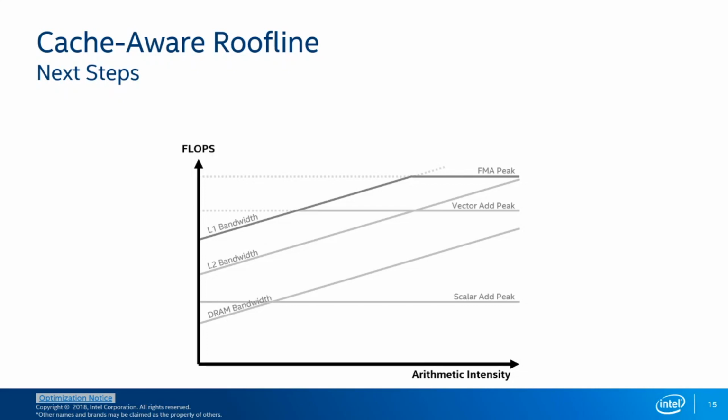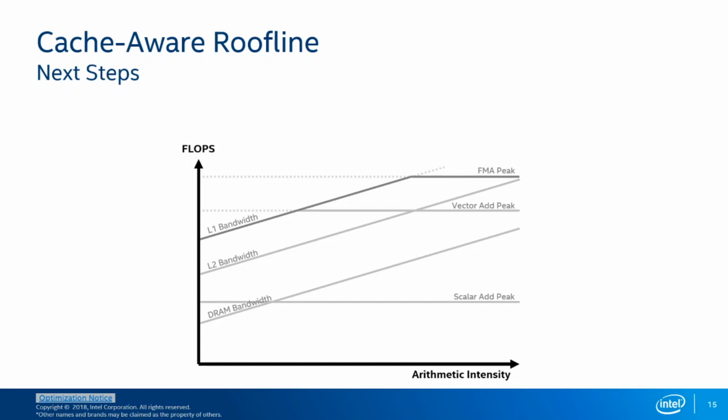So we can have L1, L2, and DRAM bandwidth. All of these numbers are measured at the beginning of a run, so these are not going to be looked up in some database. Advisor will actually run, for example, STREAM in order to get actual bandwidth for your particular CPU.